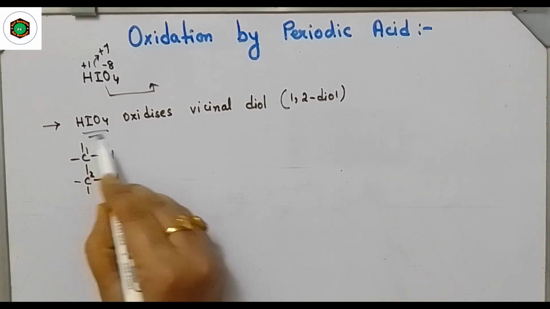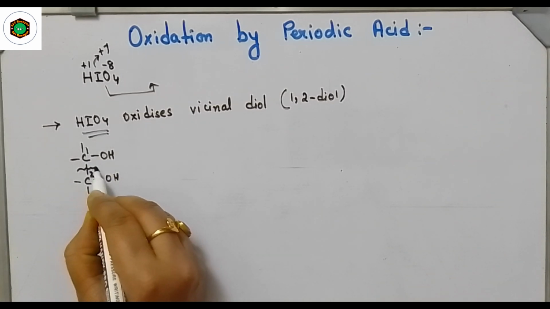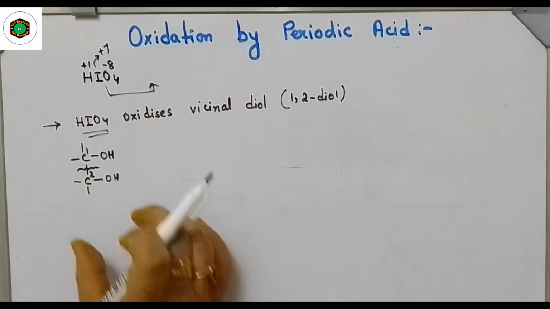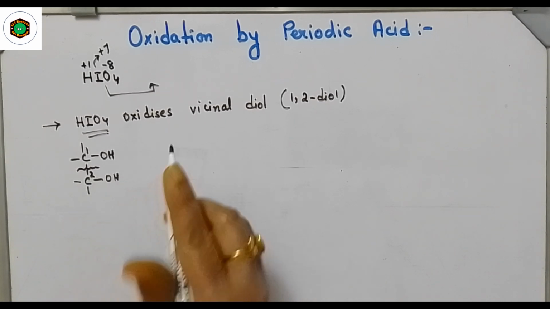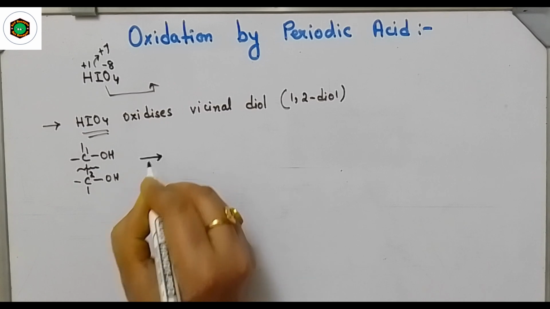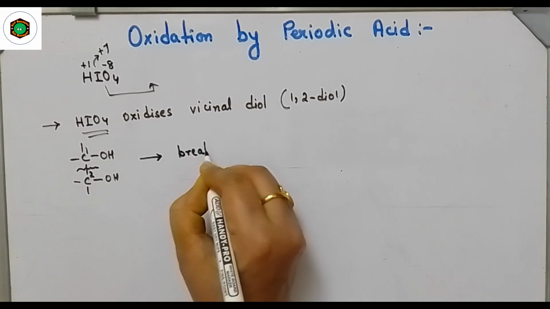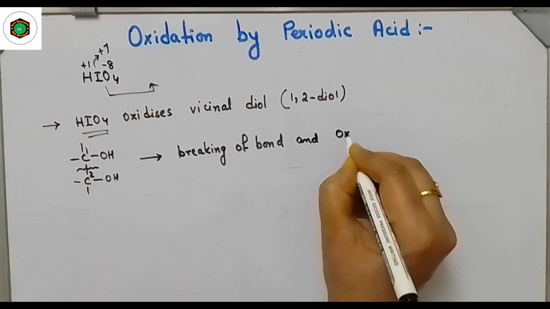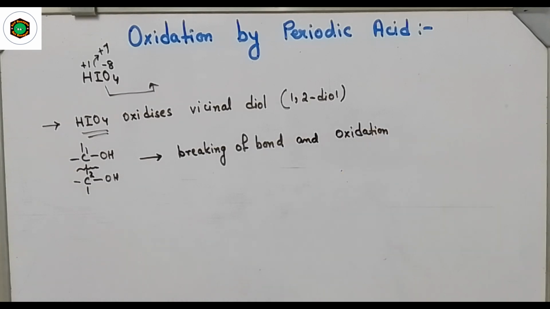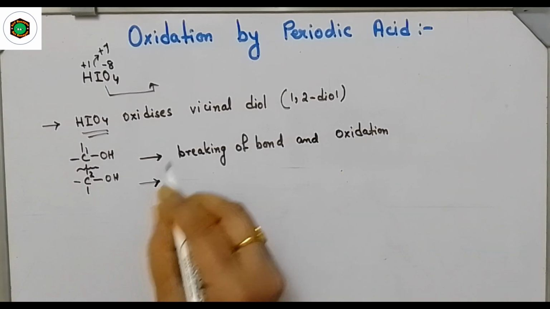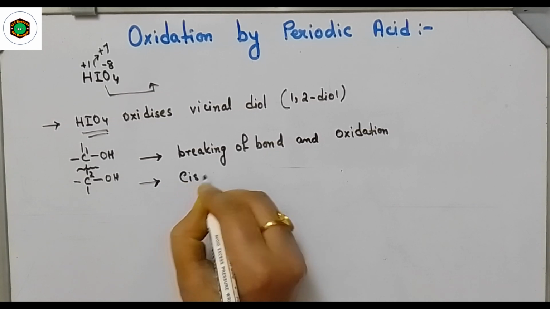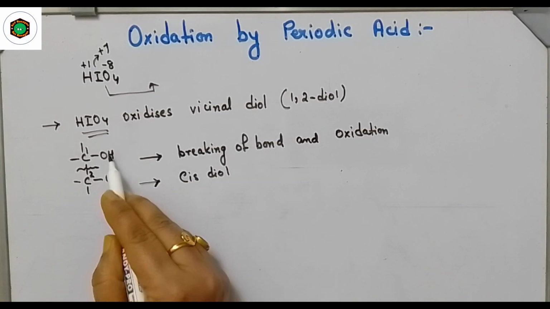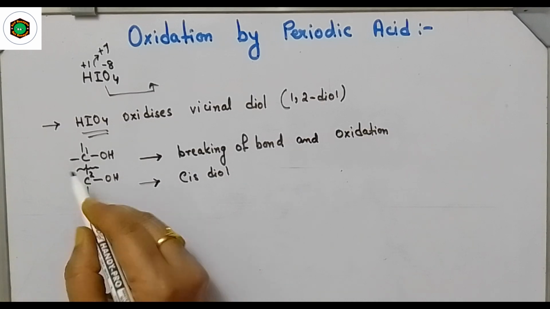So HIO4 cleaves oxidatively this bond. So oxidative cleavage takes place here. Oxidative cleavage means breaking of bond and oxidation takes place.